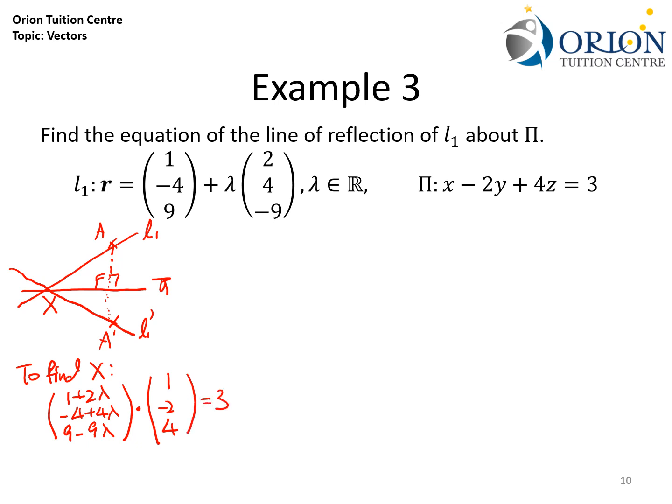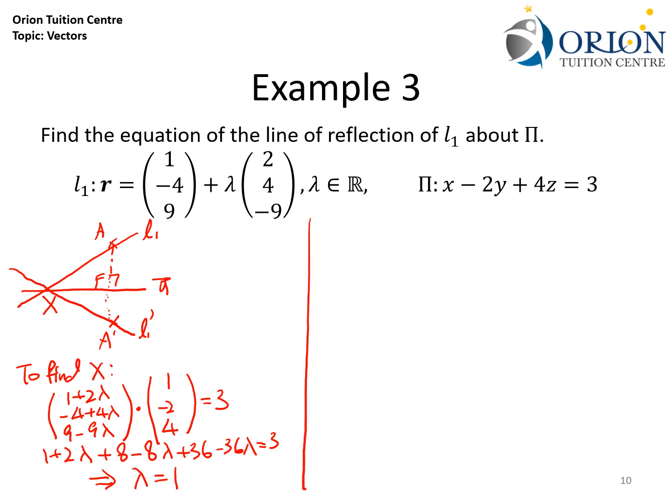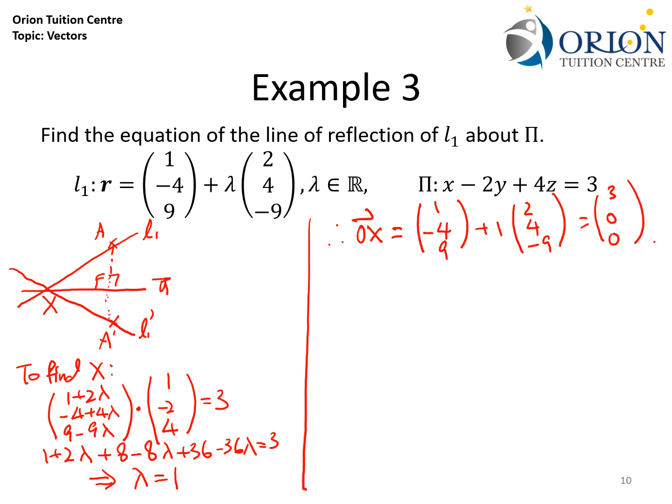And we expand this to get 1 plus 2 lambda plus 8 minus 8 lambda plus 36 minus 36 lambda equals 3, which gives us lambda equals 1. And therefore, we can say that OX must be equal to (1 plus 2, -4 plus 4, 9 minus 9), which gives us (3, 0, 0).